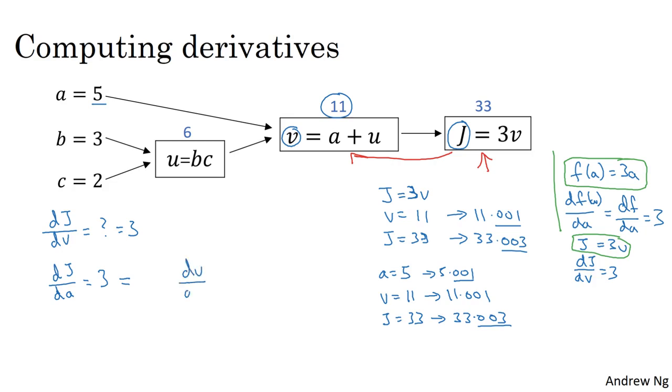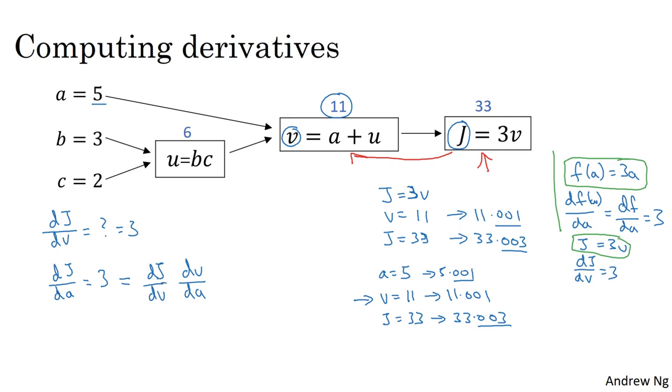And so the net change to the value of j when you nudge the value of a up a little bit is that first, by changing a, you end up increasing v. Well, how much does v increase, right? It'll increase by an amount that's determined by dv dA, and then the change in v will cause the value of j to also increase.